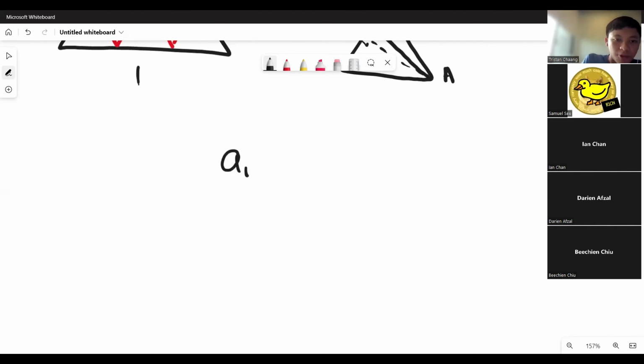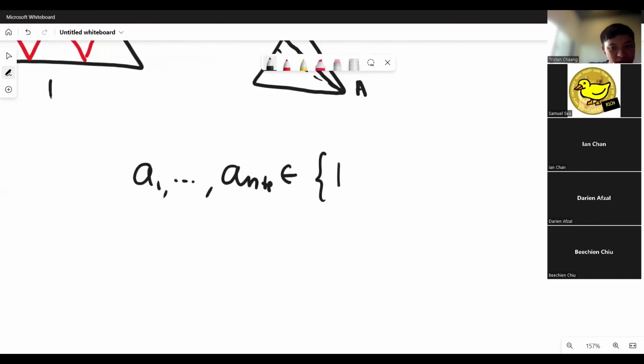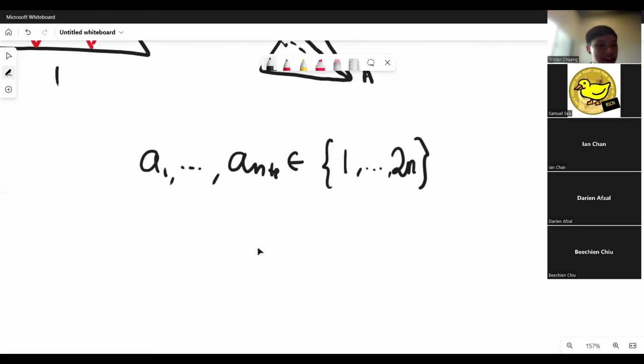So A1, dot, dot, dot, A(n+1), sorry, n+1 numbers. These are all elements of the set 1 to 2n. There are 2 of them that must divide each other. Divisibility is very, very hard to control here because what can you say about divisibility?